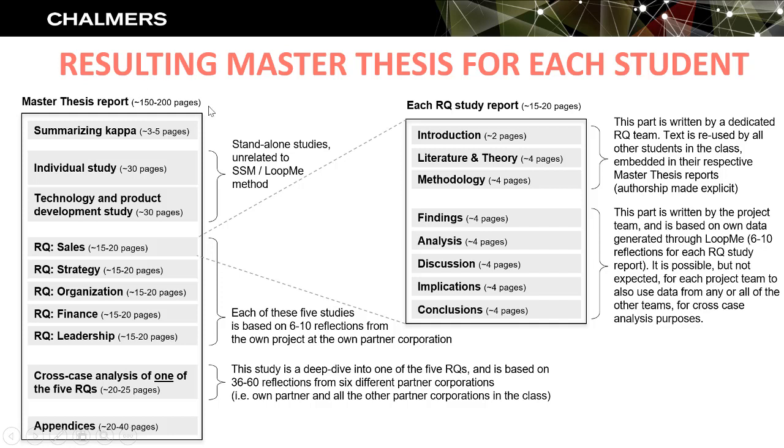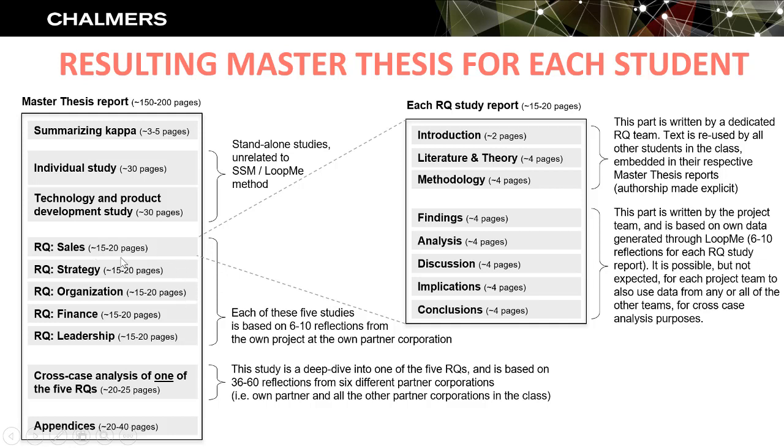That's the usual size. First of all comes a summarizing kappa, telling the reader basically what is it we're going to find here. Then we have 2 studies that are unrelated to this scientific social media LoopMe method, so I will not go much into them right now. Then comes 5, you could say, mini articles.